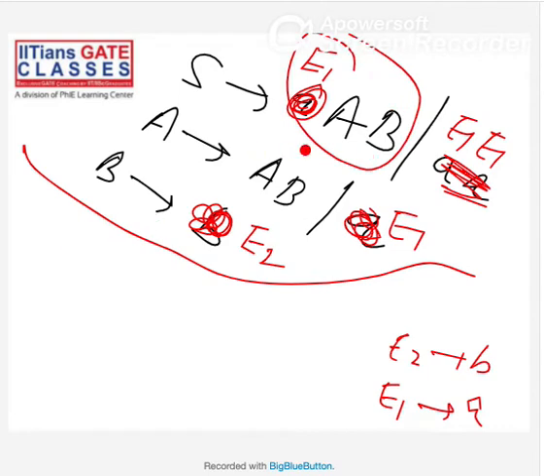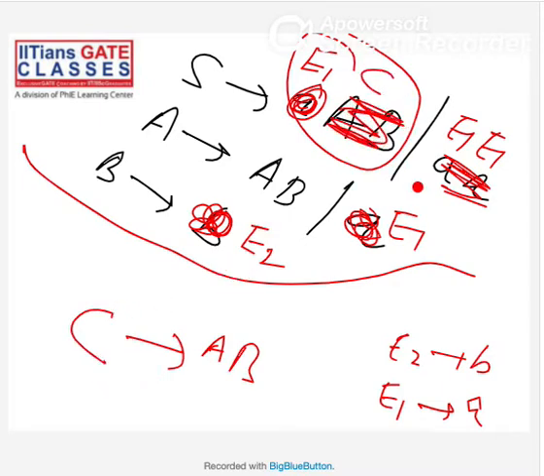So for this AB, you can define some new symbol, maybe C, for AB. Now this AB you can replace with C. Now everything is, oh no, this still is not fine, because one variable is not fine. But when you have one variable, just let it be as it is, don't change it. So this is your CNF.